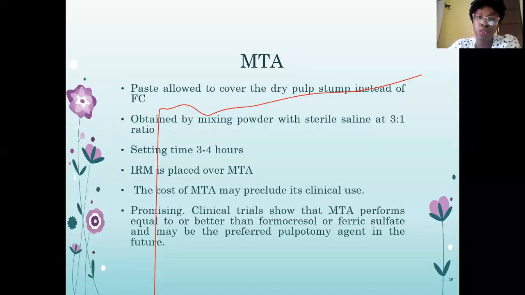That is the ratio you use when you're mixing. And then after that, place an intermediate filling. However, as we all know, the cost of MTA always limits its clinical use. But trials are showing that it performs equal or better than Formocresol or ferric sulfate, and is going to be the preferred pulpotomy agent in the future.